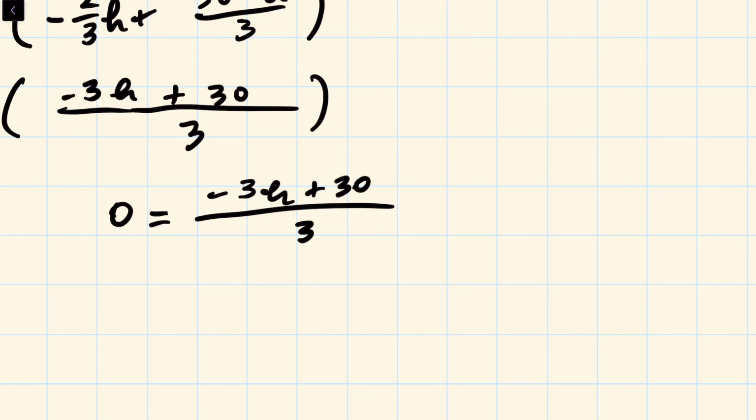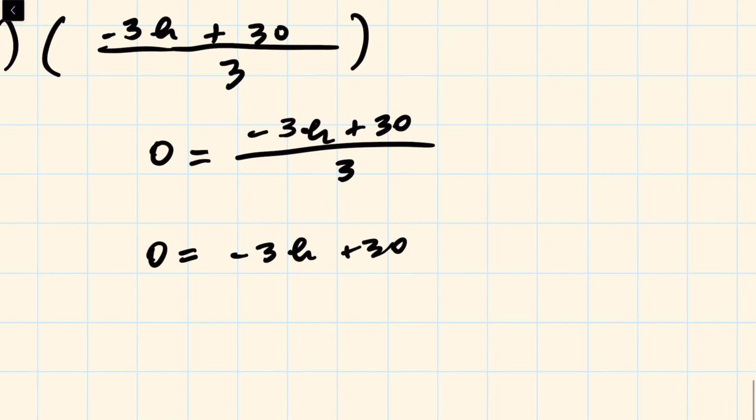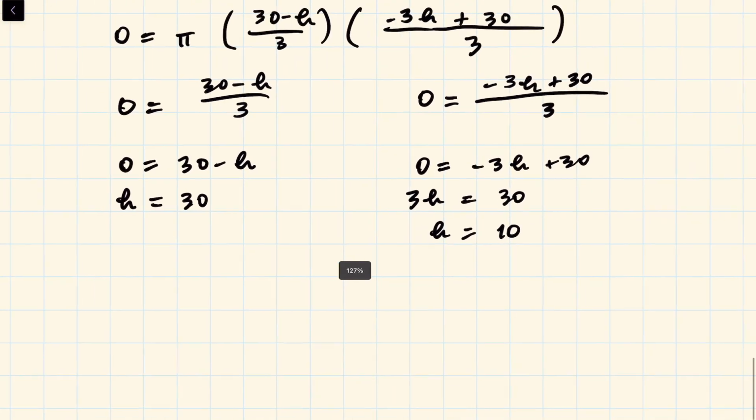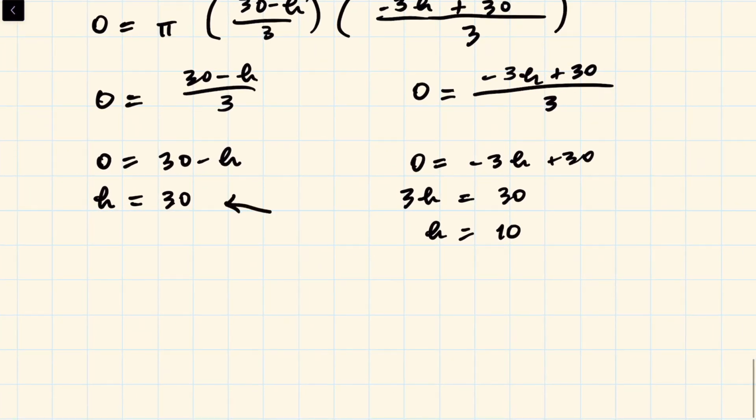So 0 equals negative 3h plus 30. We can add 3h on both sides, and then divide by 3 on both sides, so h equals 10. Okay, so we have two solutions: h is 30 and h is 10.